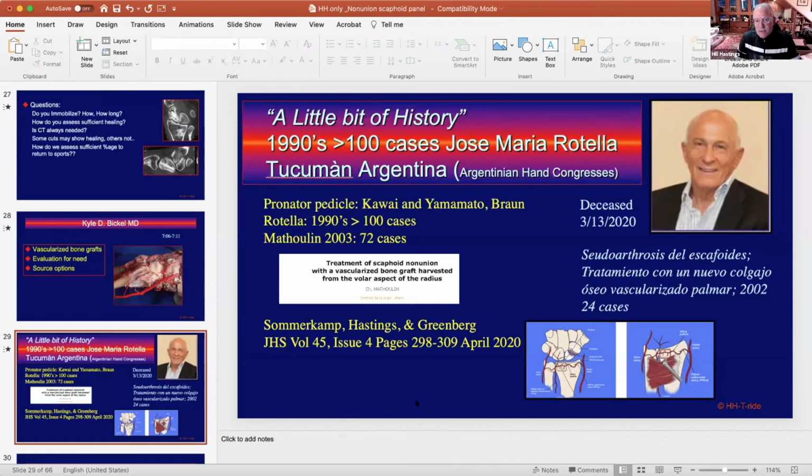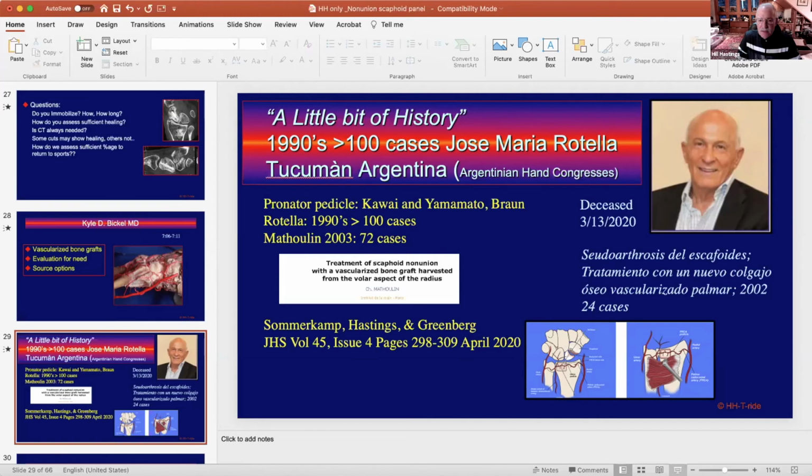But here is an Argentinian hand surgeon from Tucumán, Jose Maria Rotella, who unfortunately passed away just last March, a year ago. And yes, the Kawai and Yamamoto and Braun techniques were based upon the pronator quadratus, but in fact, as Kyle's just shown, it's really not dependent on the pronator quadratus itself.